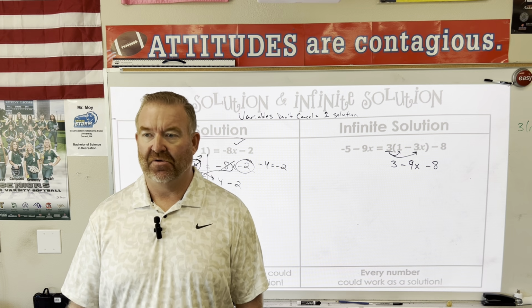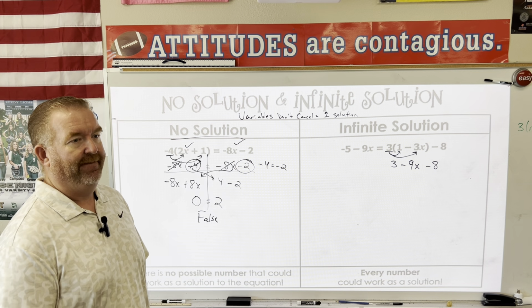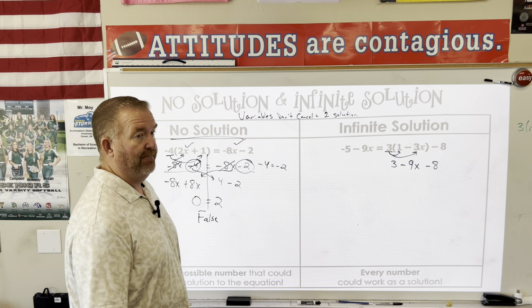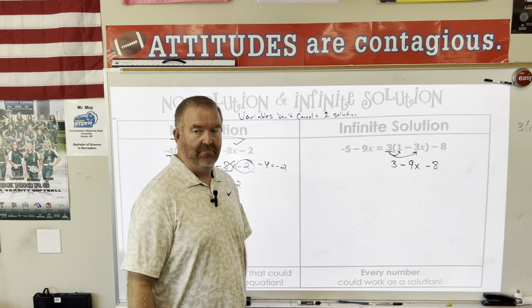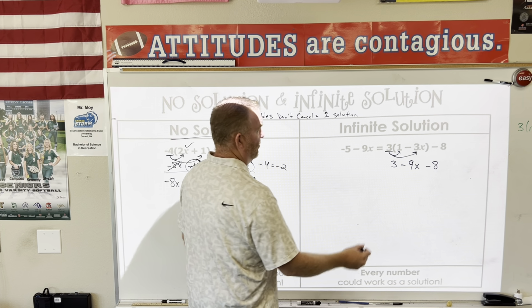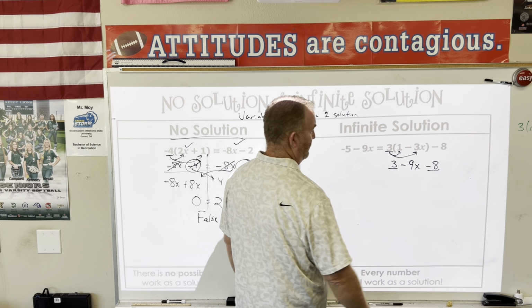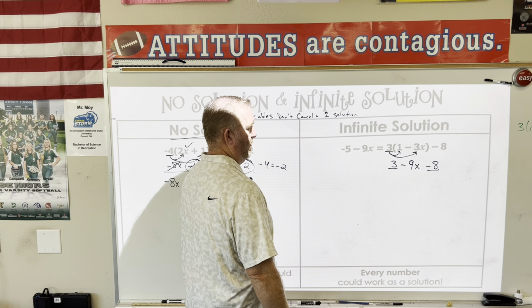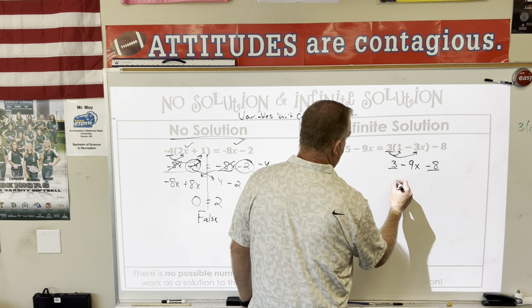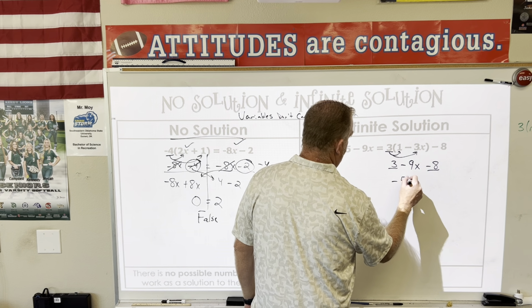Is there anything I can combine? Okay. What is 3 minus 8? -5, and I'm going to bring down this -9x, right? Now I'm going to bring this whole thing down.